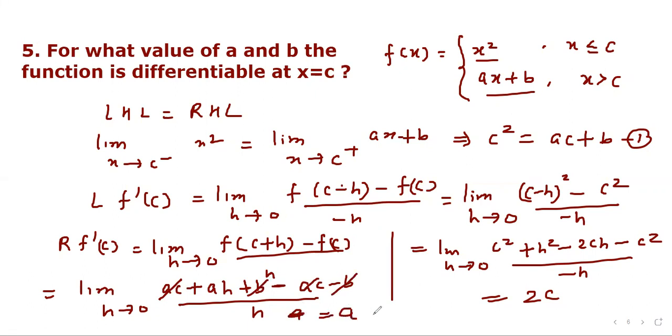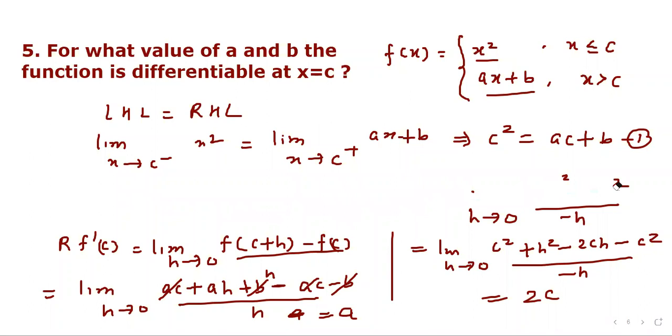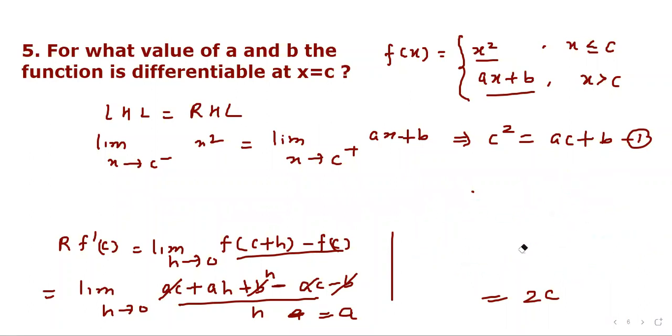So what we have got? We have got relations c² equal to ac plus b, and when we equate left hand derivative to right hand derivative, we get a equal to 2c.